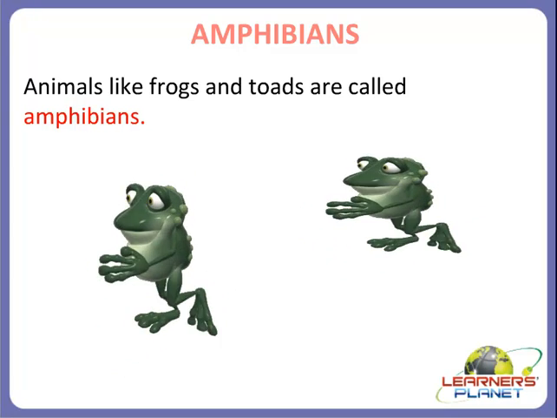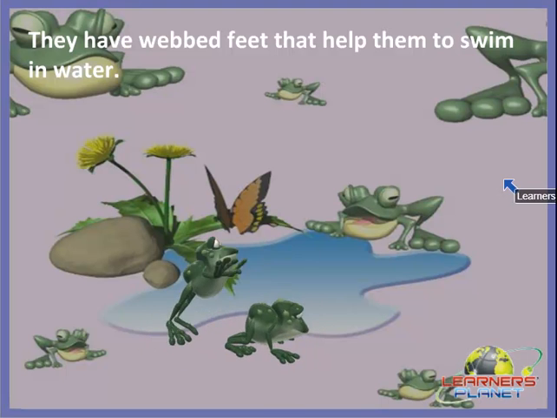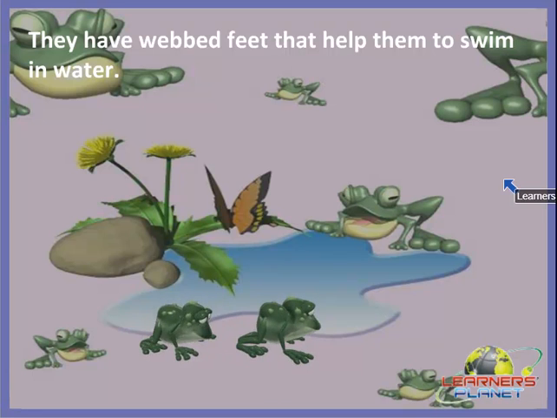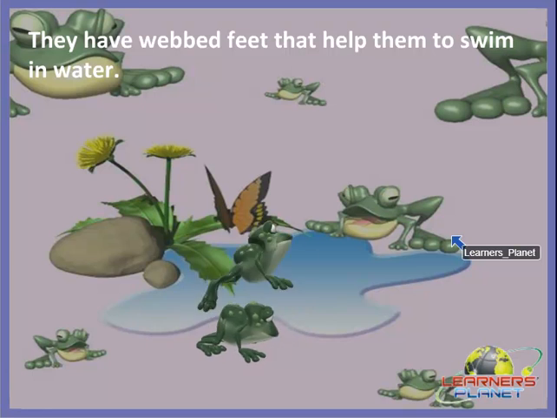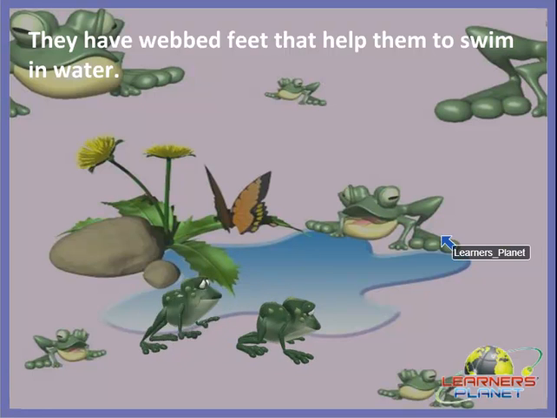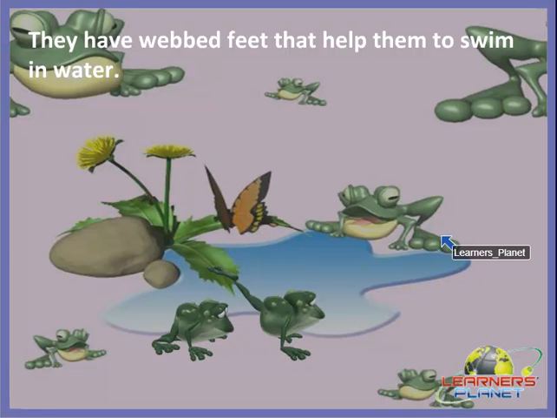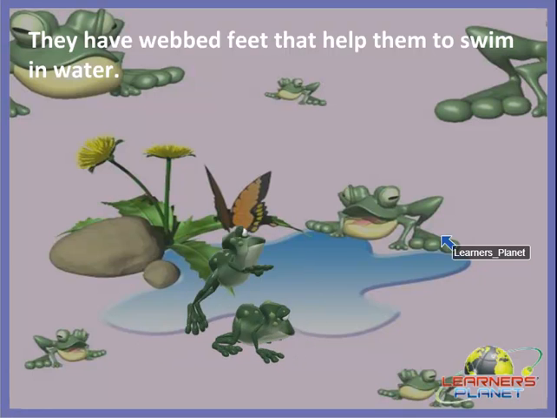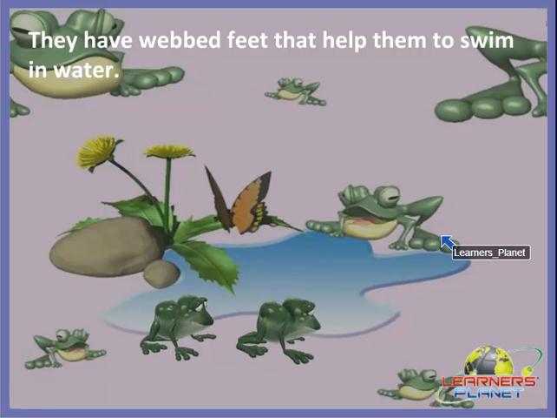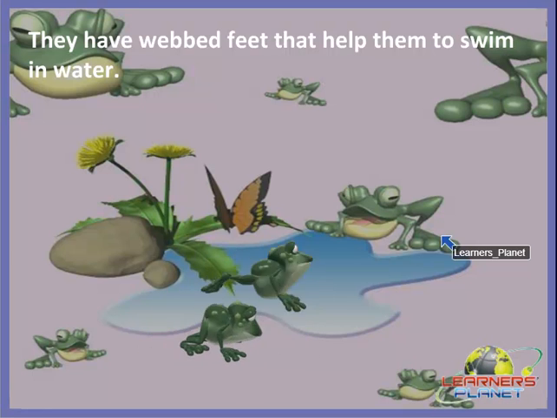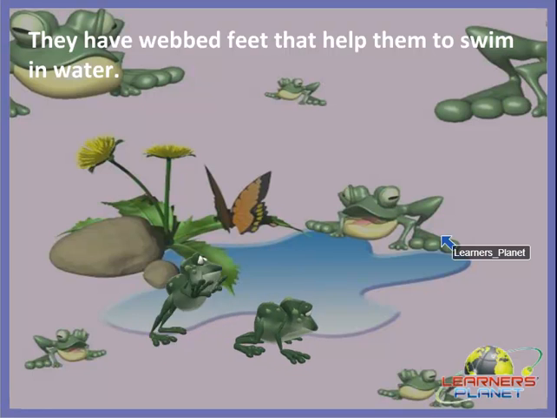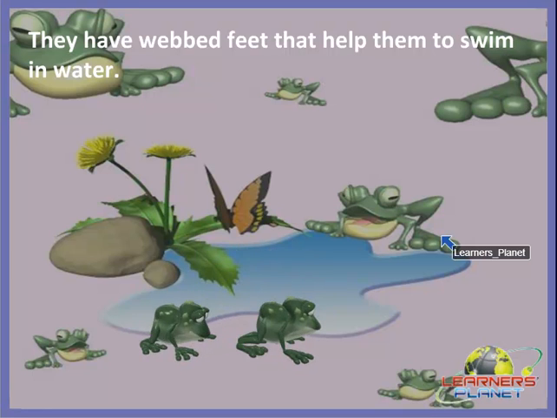So they have certain interesting features. Let's see. Children, the back legs of the frogs and the toads are stronger than their front legs. Why their back legs are stronger than their front legs? Yes, there is a reason.